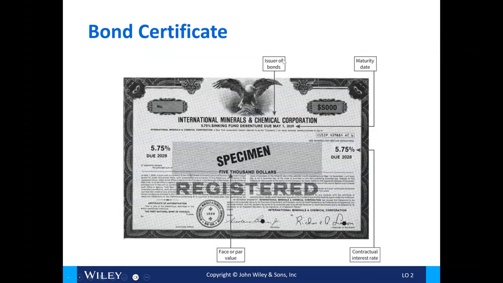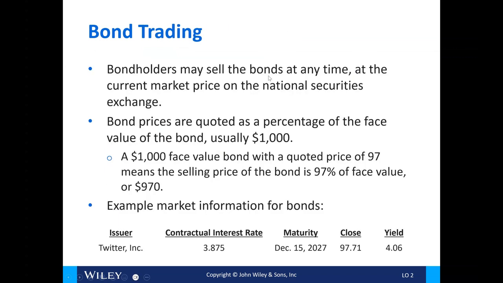Here's a bond certificate. Again, bond prices are quoted as a percentage of the face value of the bond, usually $1,000. So if I quote 97, then that's 97% of 1,000. So obviously, this is a discount because we're not paying the full $1,000.